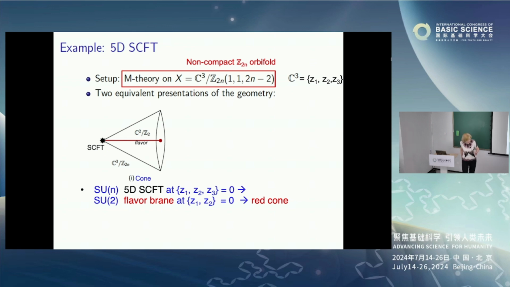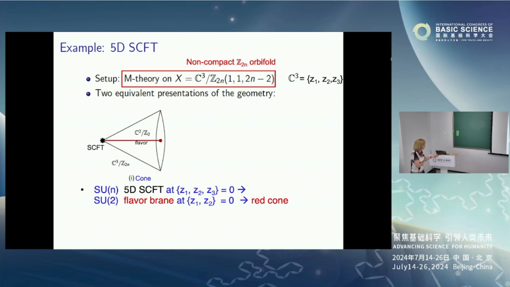Okay, so the prototype example where we would explicitly study this interplay, nesting of symmetry theories, will be an example of a non-compact orbifold in M theory that is not only associated with a CFT at the bottom of the cone, but it also now has a flavor brane itself. So at codimension 3, we have the singularity associated with SU(N) gauge symmetry in the resulting field theory.